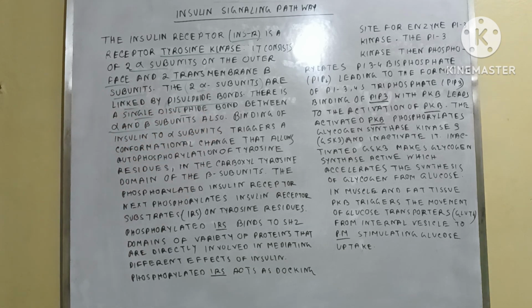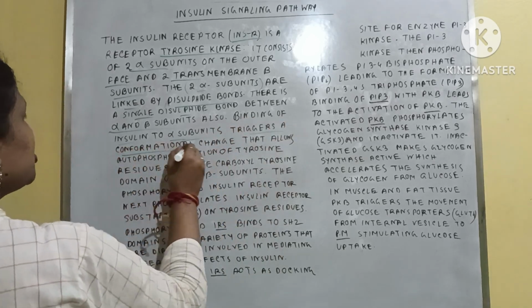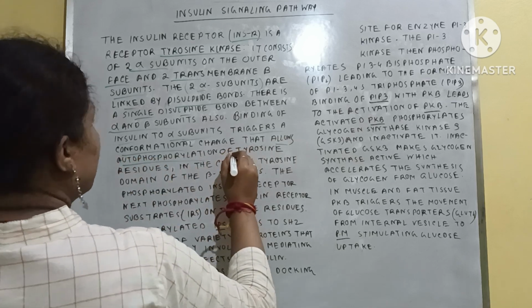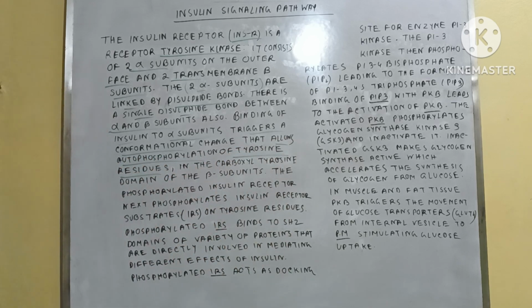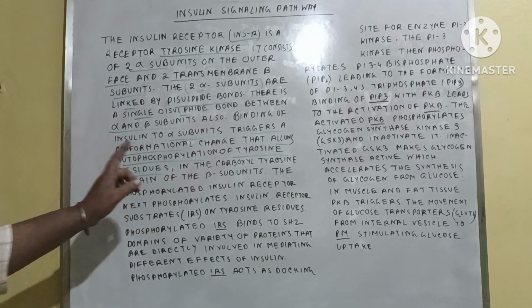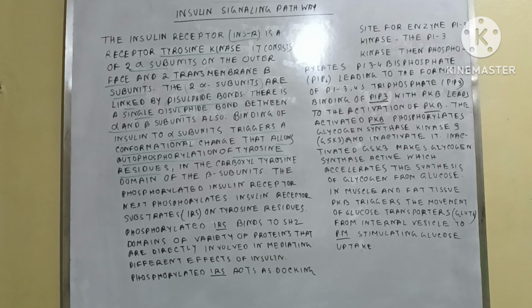The binding of insulin to the alpha subunits triggers a conformational change that allows autophosphorylation of the tyrosine residues. So when insulin binds with the alpha subunits, a conformational change occurs and autophosphorylation of the tyrosine residues starts.